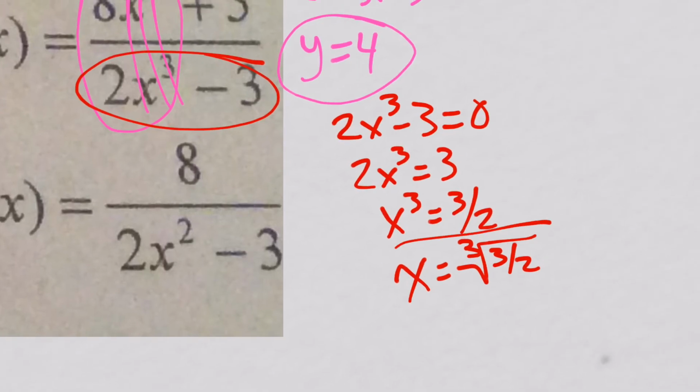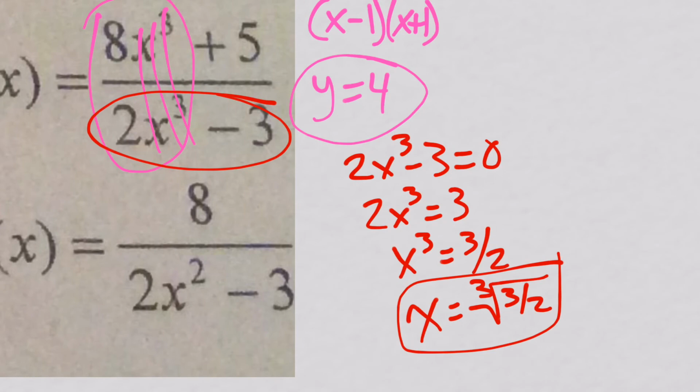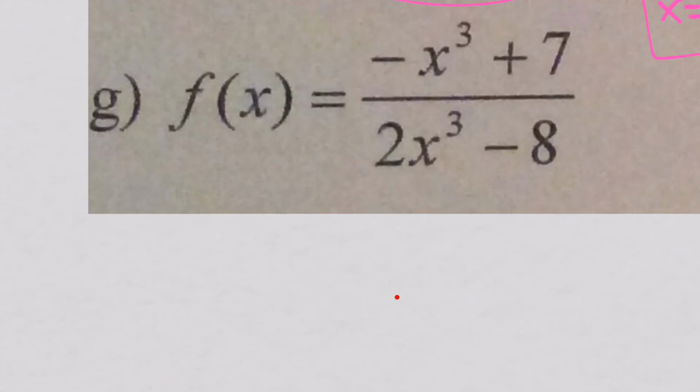And that's gross, but that's where my vertical asymptote will be, the cube root of 3 over 2. So let's go ahead and do G real quick.